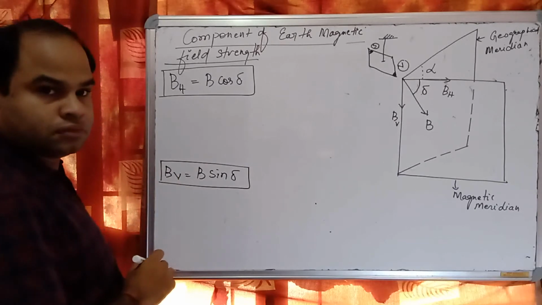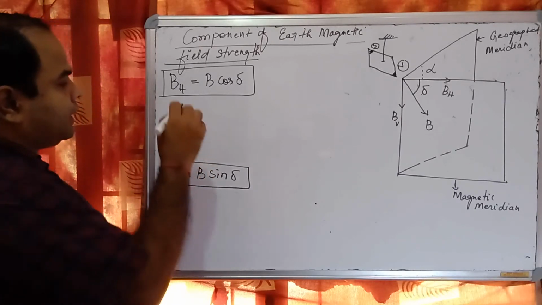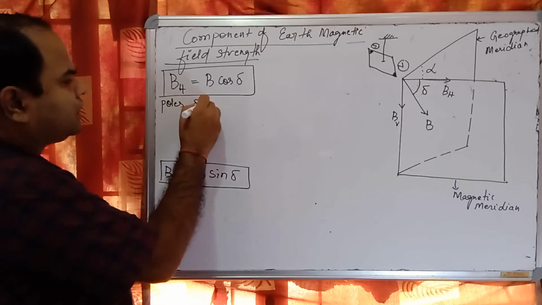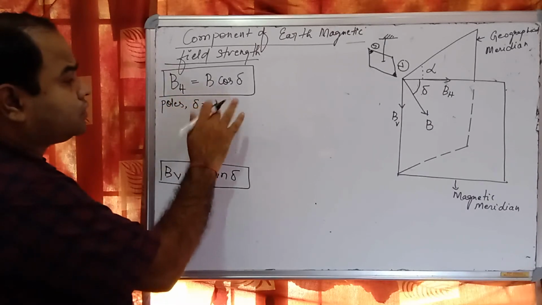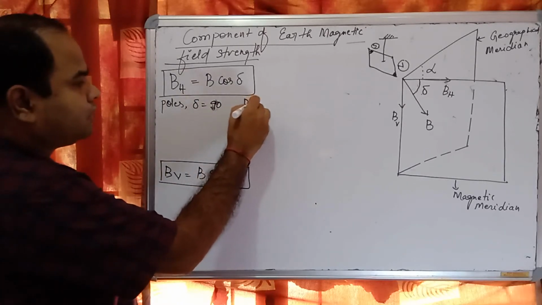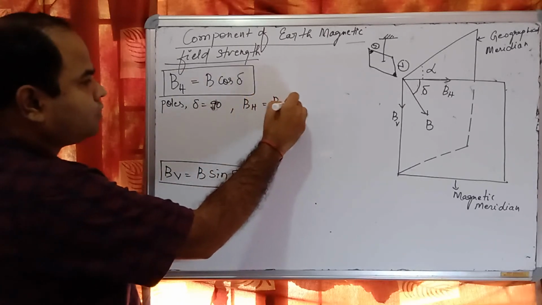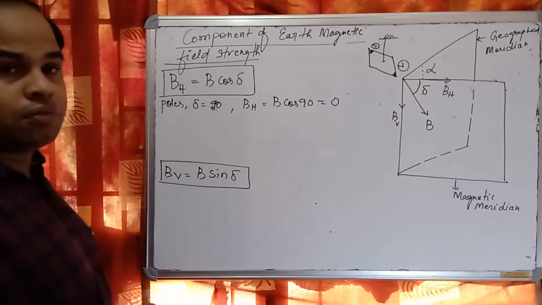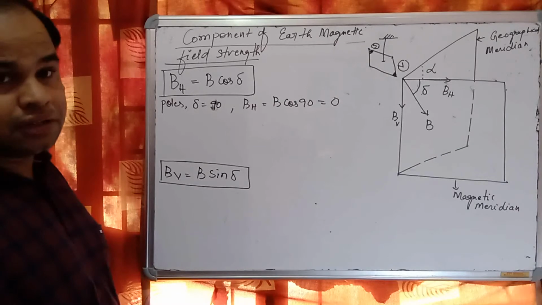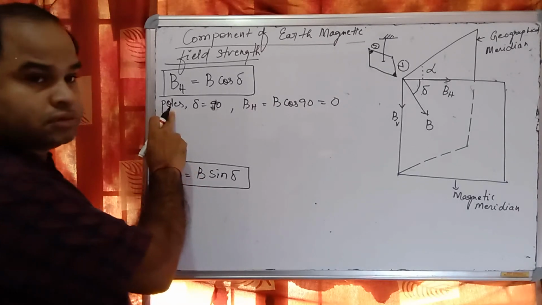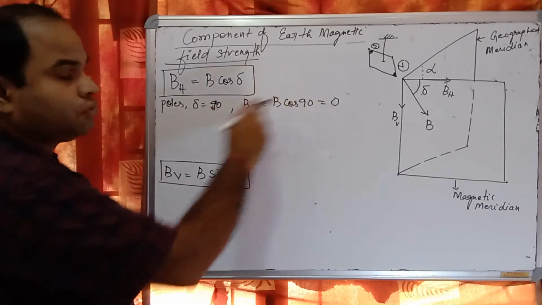Okay. At the poles, delta is 90. So BH is B cos 90, that is 0. The horizontal component of earth magnetic field strength at the poles is 0.